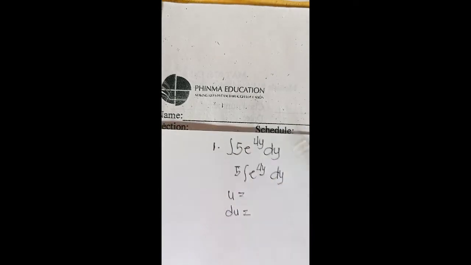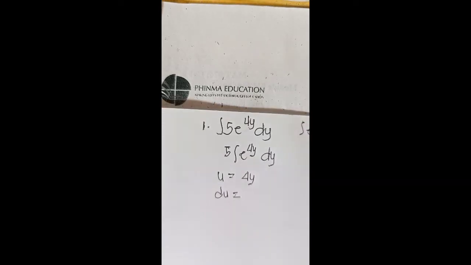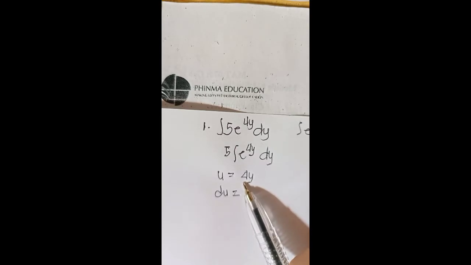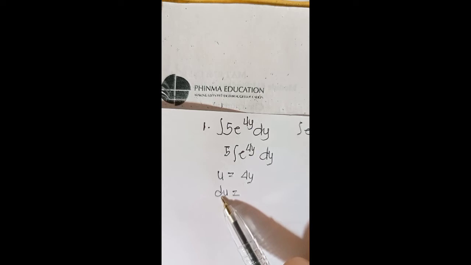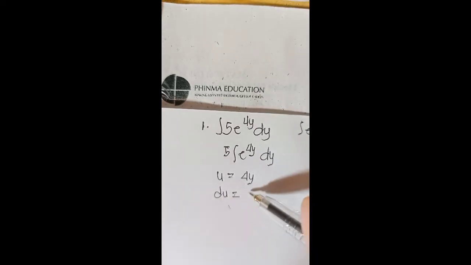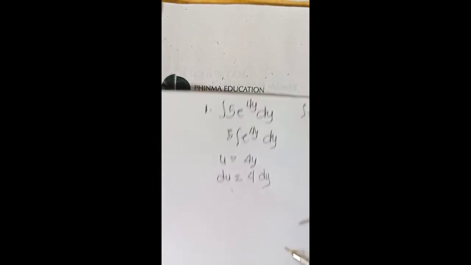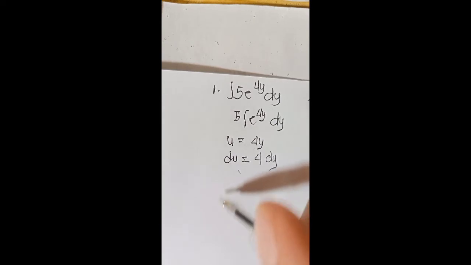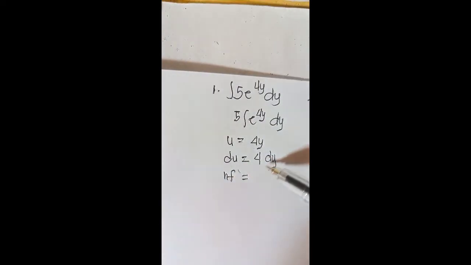Therefore, our u is equal to 4y. Since it is our u, we can find the derivative of u, so du is equal to 4 dy. And then we have the multiplying factor equal to 1/4.